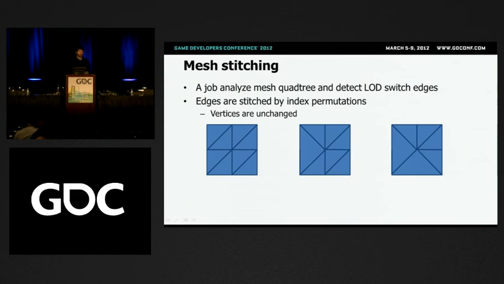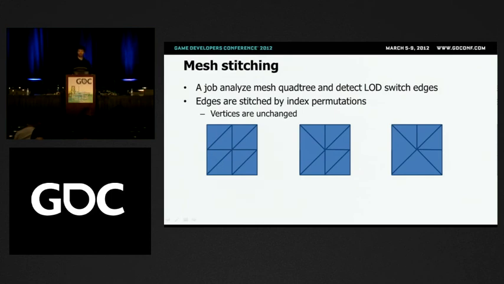The stitching of the mesh or T-vertex removal is pretty straightforward as well. We have a job that runs through the quad tree and looks at all neighbors of each node that we're going to draw and looks at what LOD they are on. And depending on the result of that traversal, we select what stitching permutation to use.